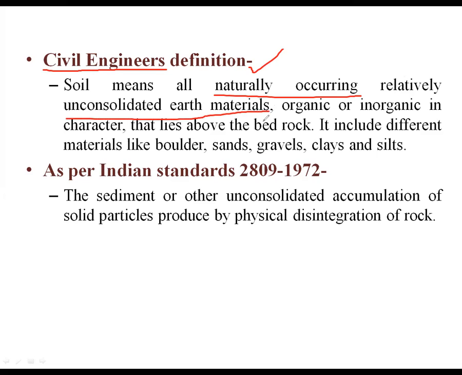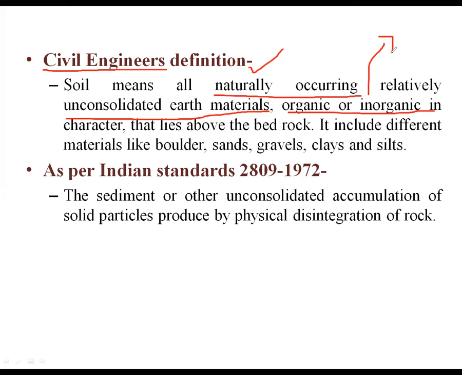Okay, it is not compacted or consolidated, organic or inorganic. Here I will tell you one thing: bentonite and peat are organic soils, which have maximum fertilizing properties and contain organic material.